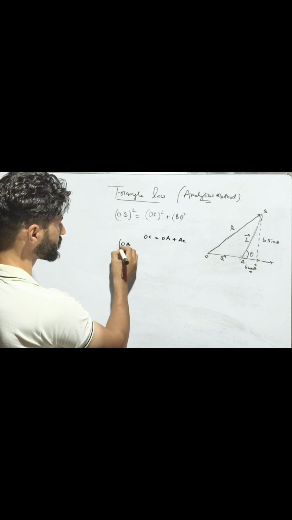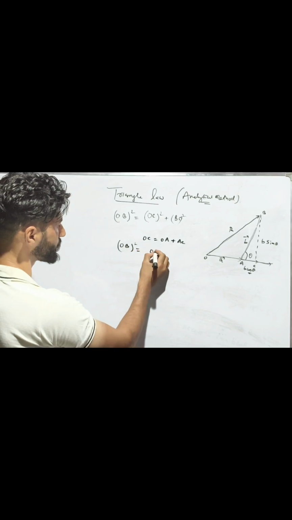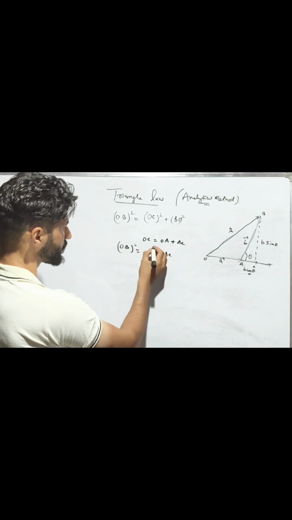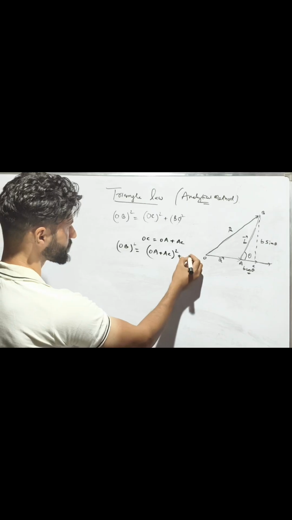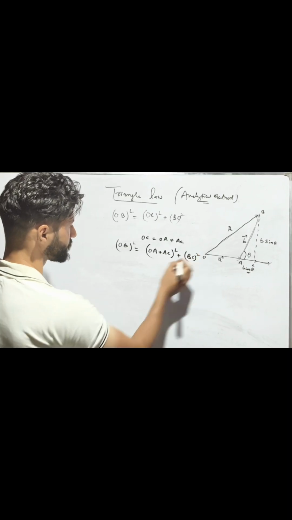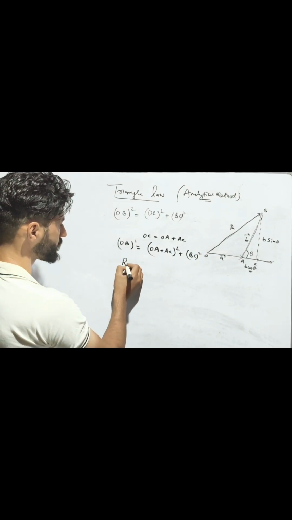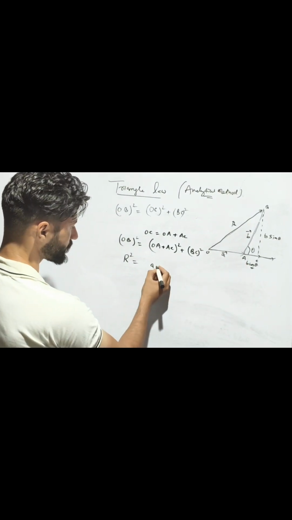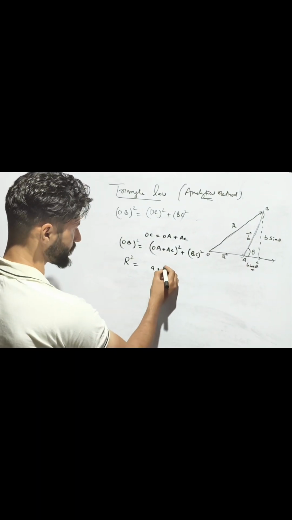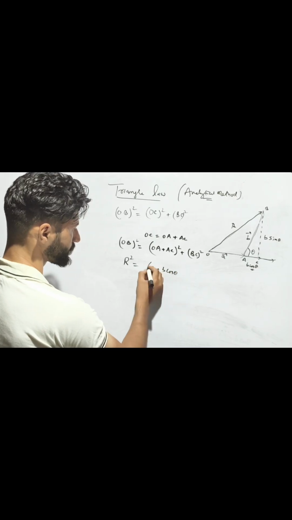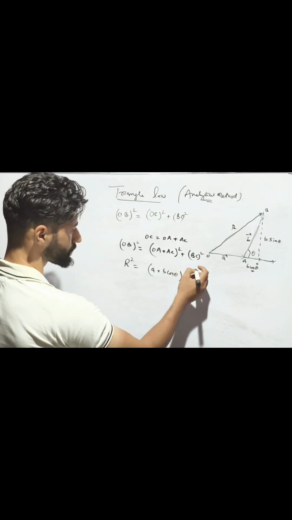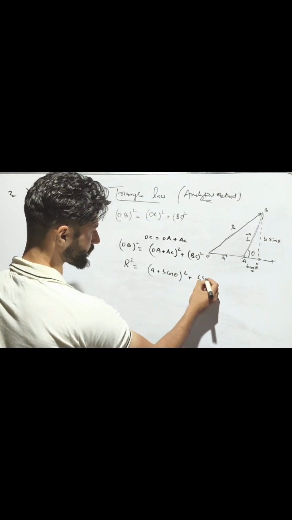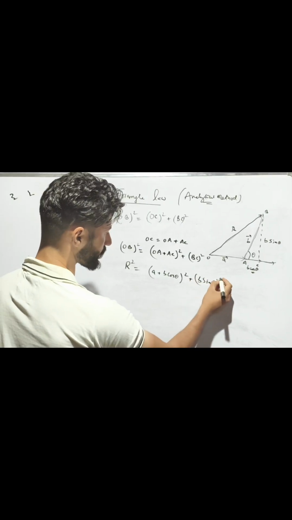So OB square, which is R square, is equal to OA plus AC whole square plus BC square. OA is A, AC is B cos theta, and BC is B sin theta.